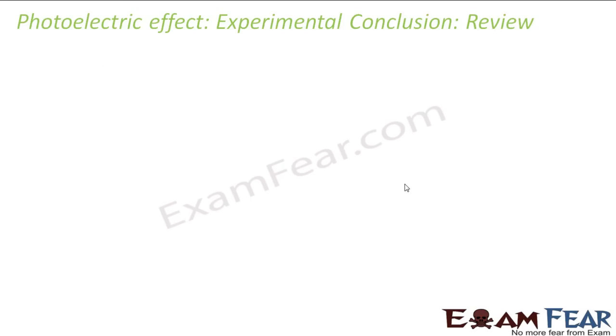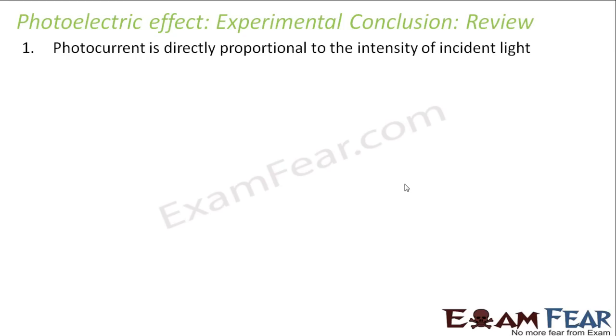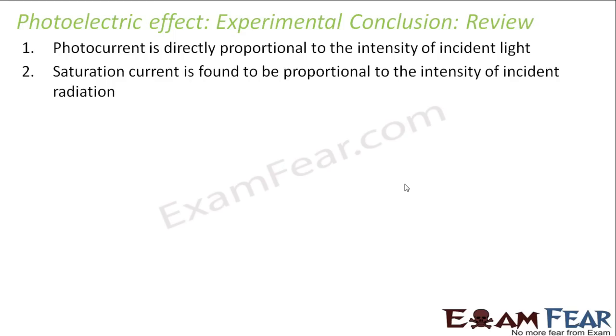So let us have a quick conclusion of the experiment which was performed on photoelectric effect. Taking conclusions 1, 2 and 3 together, what all did we see? We saw that photocurrent is directly proportional to the intensity of incident light. If we increase intensity, current will increase.